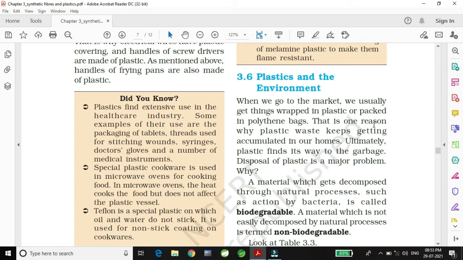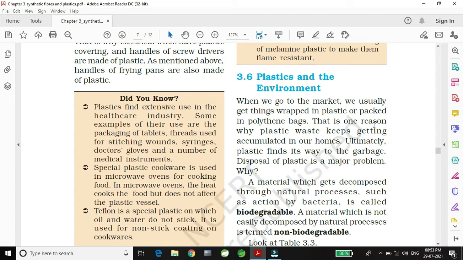When we go to the market, we usually get things wrapped in plastic or packed in polythene bags. That is one reason why plastic waste keeps accumulating in our homes. Ultimately, plastic finds its way to the garbage. Disposal of plastic is a major problem. Do you know why?